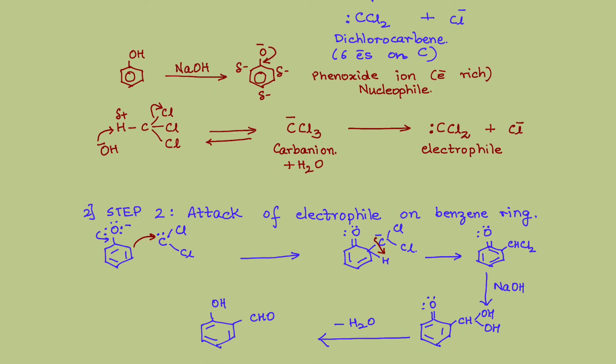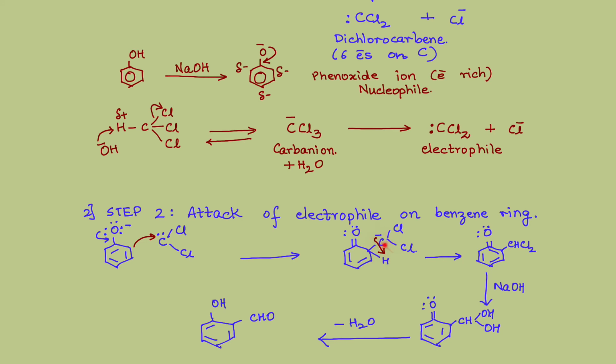Next step. Now we have a nucleophile, we have an electrophile. What an ideal combination in the reaction mixture. So immediately our nucleophile attracts the electrophile onto itself and says, see, I can donate electrons to you. Now when it does that, they do form a bond.